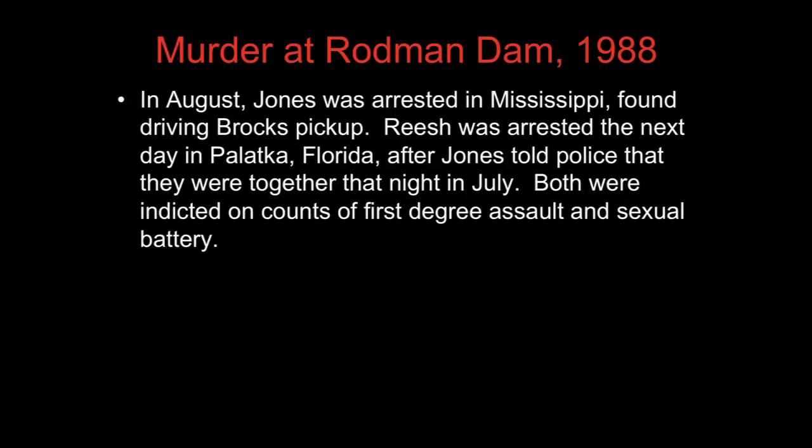In August of that year, Jones was arrested in Mississippi, found driving Brock's pickup. Riesch was arrested the next day in Florida after Jones told police that they were together that night in July. Both were indicted on counts of first-degree assault and sexual battery.